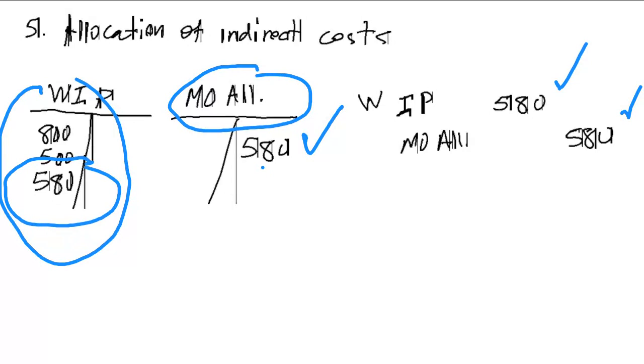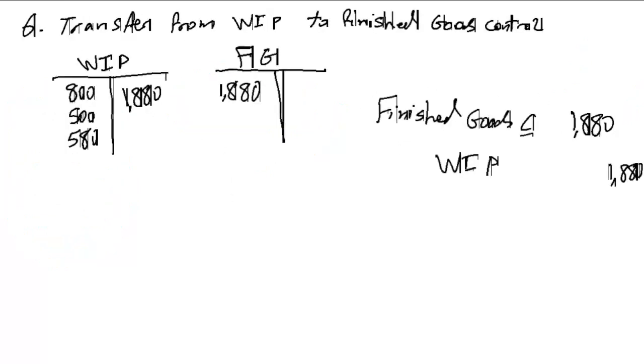So we go for the next journal entry here. Now we transfer from work in process to finished goods control. So I debited finished goods $1,880, and credit work in process $1,880.